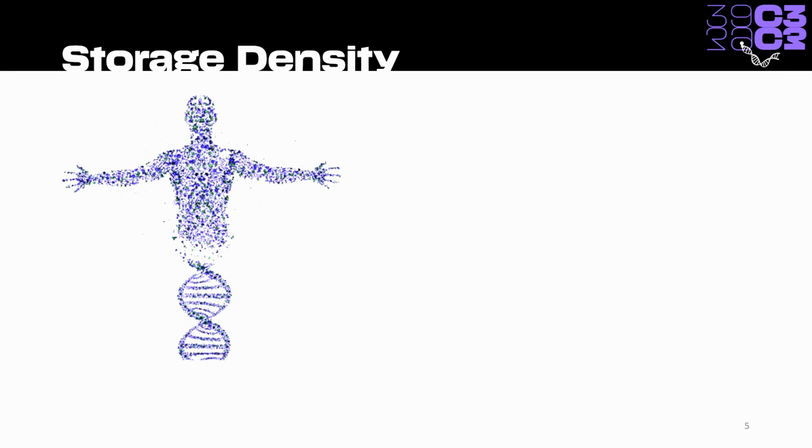Now, if we talk parallelism, that also leads me to the point of density, information density. And the way I always like to introduce this is by thinking of my own body. Because as you're probably aware, almost every cell of our bodies contains a copy of our genome.